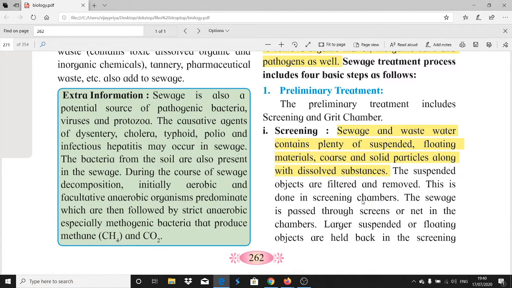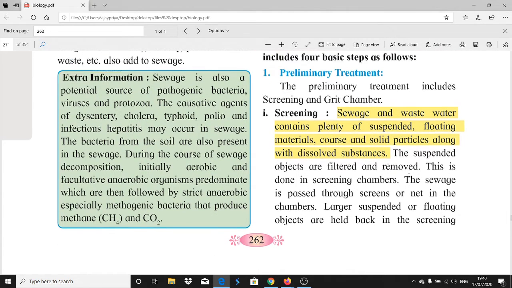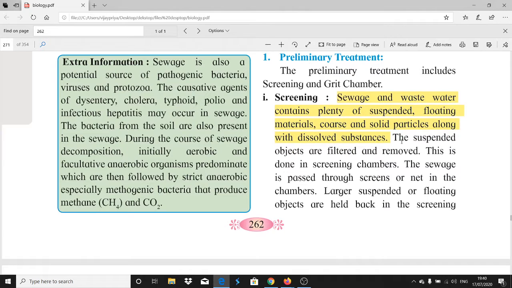These particles, the coarse solid ones as well as some in dissolved form, should be screened out and separated. So the suspended objects are filtered and removed, and for this filtration and removal, the first step is known as screening.